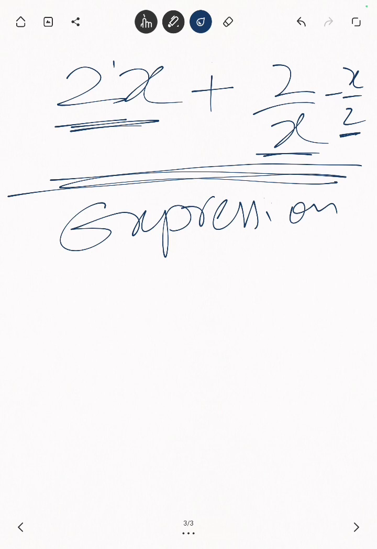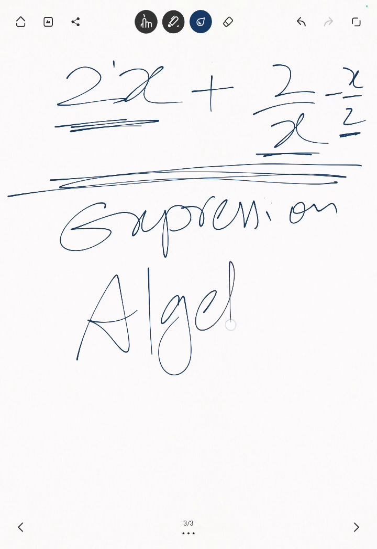The definition of algebra is combining constants, variables, or terms using mathematical operations; then that expression is known as an algebraic expression.